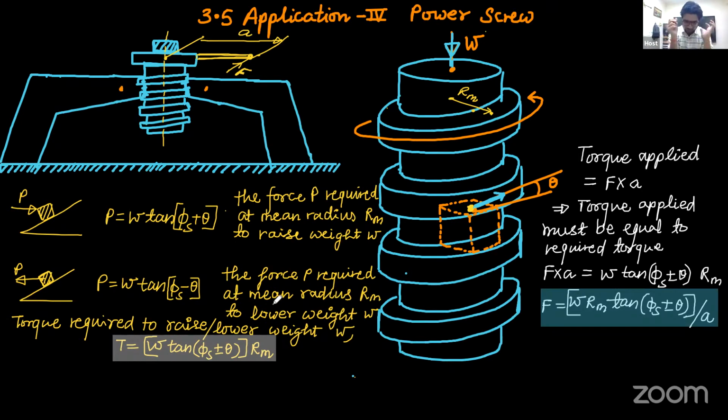If we can prevent the weight from automatically falling down in an internal thread, then we say that the power screw is self-locking. It doesn't automatically move. Self-locking means that it can lock itself from moving unless we apply a force. Self-locking means it's not going to move automatically.